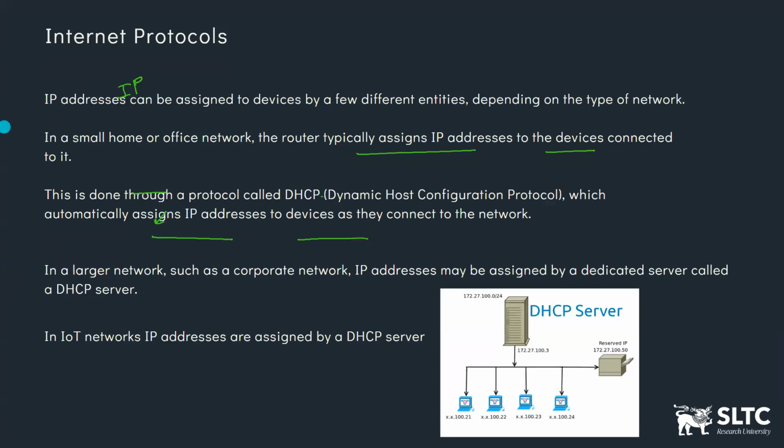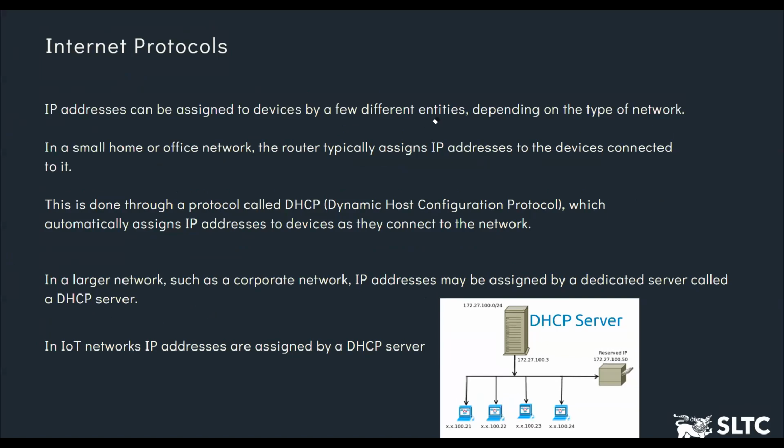Giving addresses to the devices can be done by different entities in the network depending on the scale of the network. If it is a small home or an office, then the router can assign unique addresses to the devices connected to it.